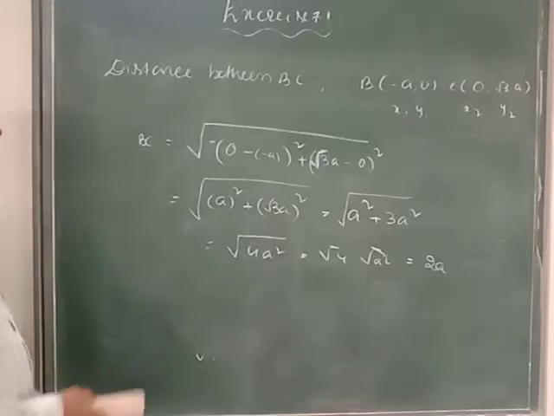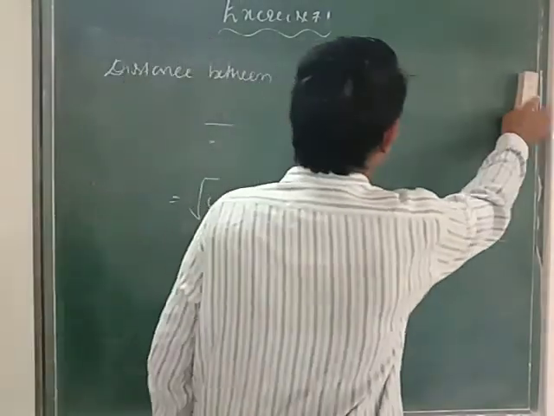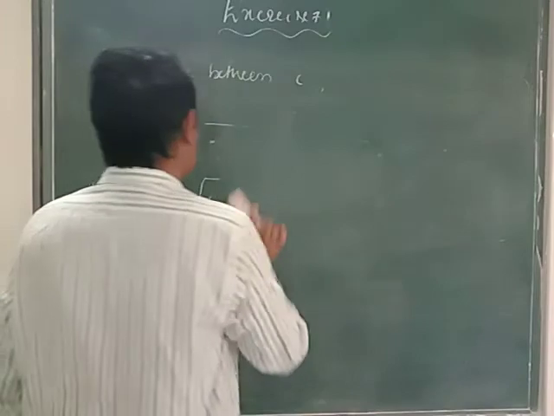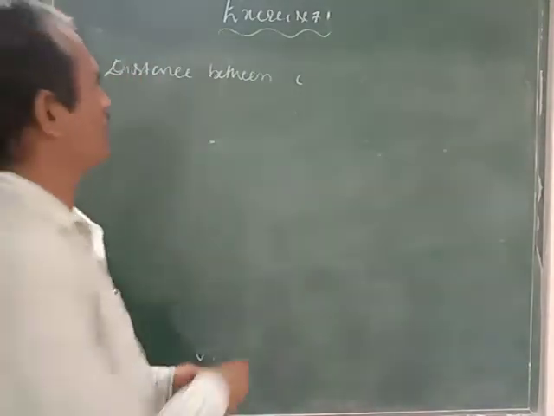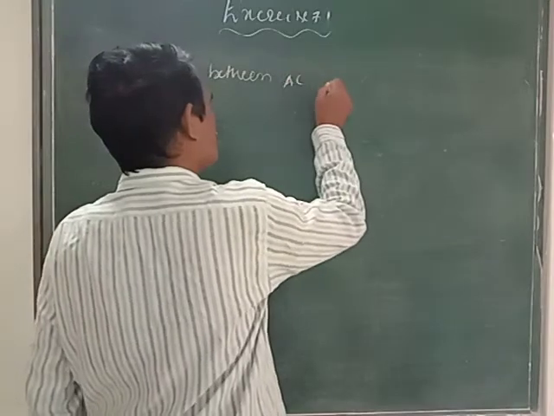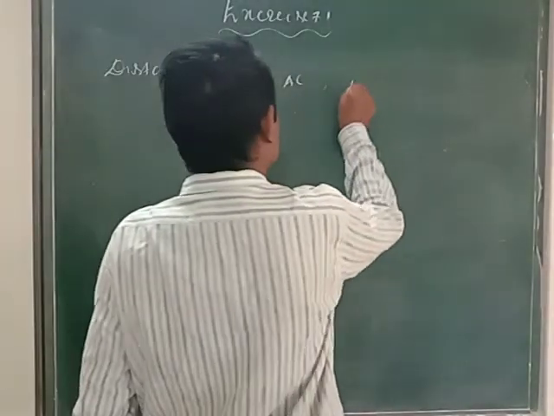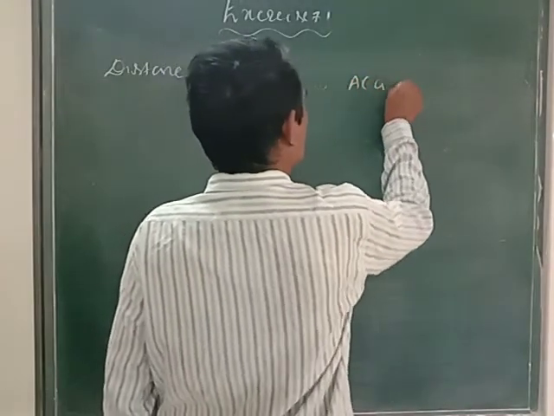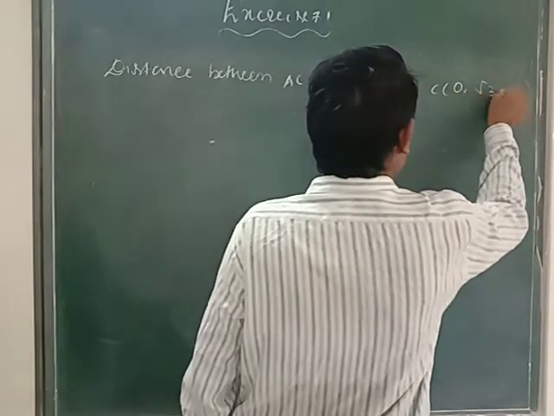Now I have to find the distance between AC, or CA, no problem. Find the distance between AC. What is A point? A point is (minus a, 0) and the C point is (0, root 3a).